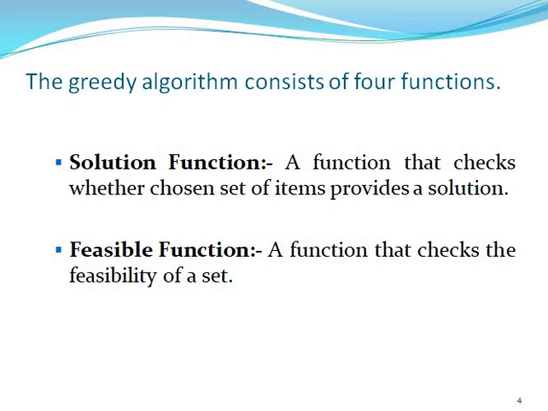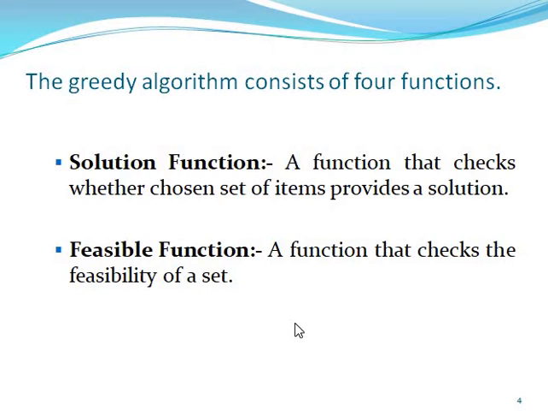First, the solution function: a function that checks whether the chosen set of items provides the solution or not. So what is the solution function? It is a function that checks whether the chosen set of items provides a particular solution or not. So this is the first condition, the solution function.